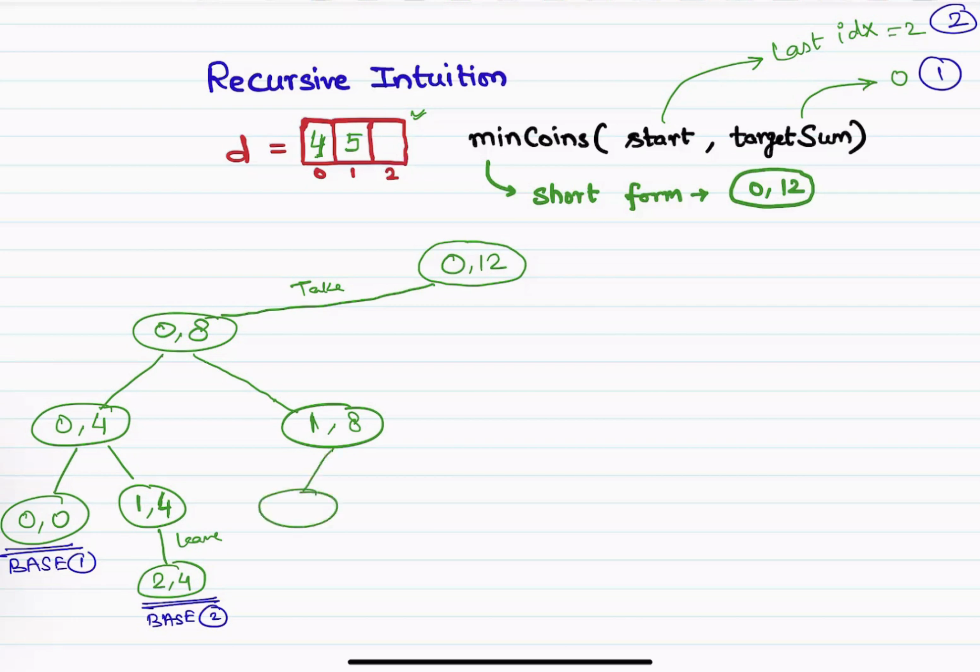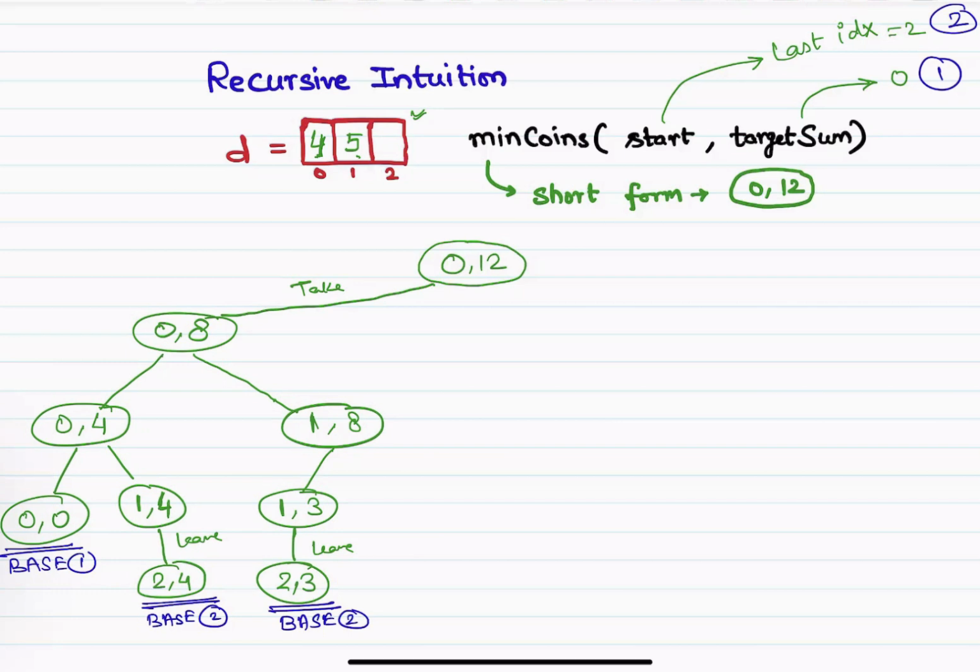Now at index 1, if we choose to take 5, that means we'll stay at index 1 and we are looking for a target sum of 3 because 8 minus 5 will be 3. Now, at index 1, the value is 5 and we are looking for a target sum of 3. That means we do not have a taking path, so we only have the leaving path. And if we leave it, we land at index 2 with a target sum of 3. Again, this is our base case 2.